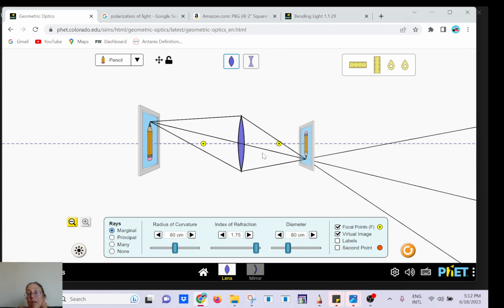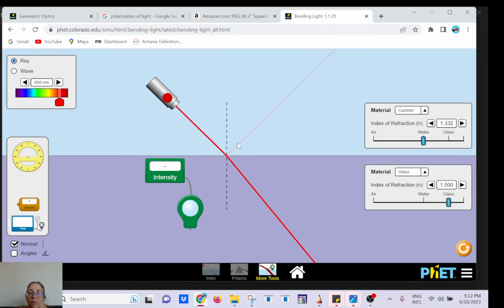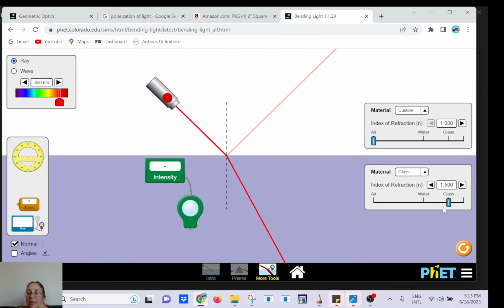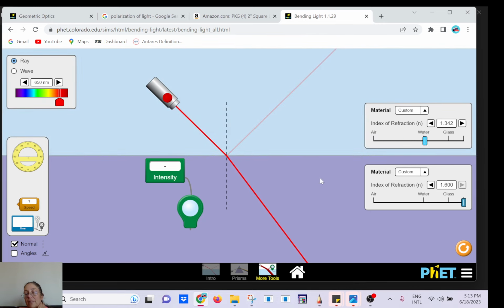Sorry, so in the MCAT, I saw this question come back. Okay, so it's the idea of contrast. If you increase the contrast, so now if it's air here and very thick glass, you're going to have more refraction. If you have less contrast here, you have less refraction.